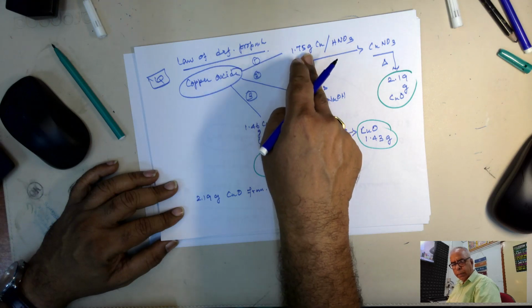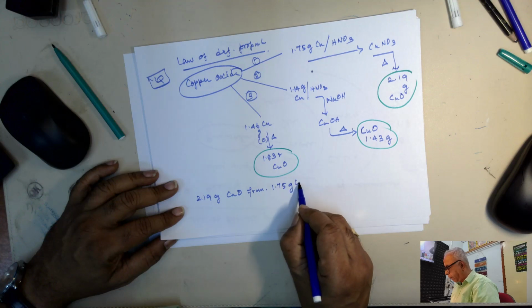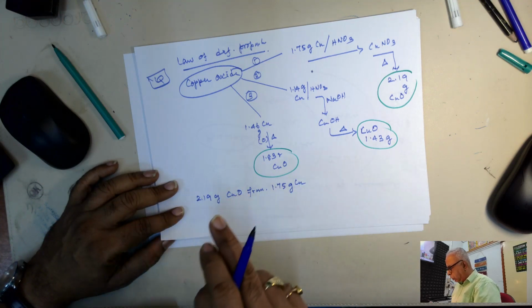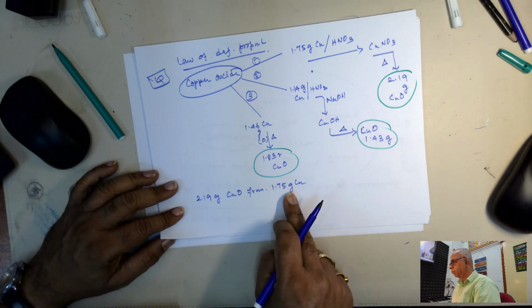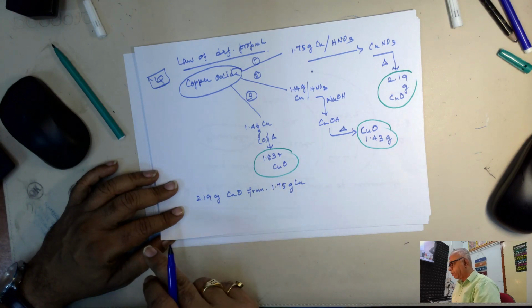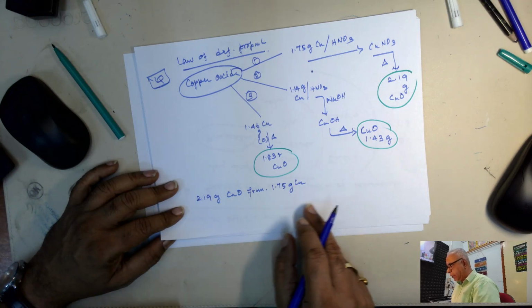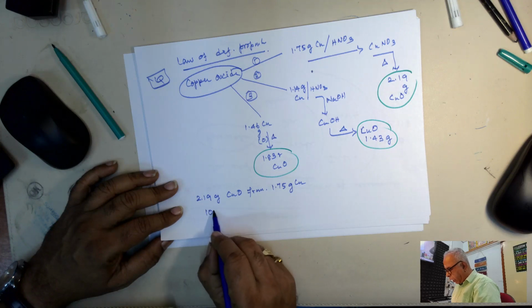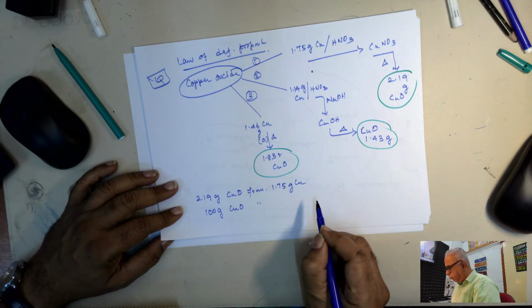Got it? Because we have taken only 1.75 gram, and here you are able to get copper oxide, this one should have been obtained only from this copper. Okay, got it? Now I am making this a percentage. So what could 100 gram of copper oxide be obtained from?